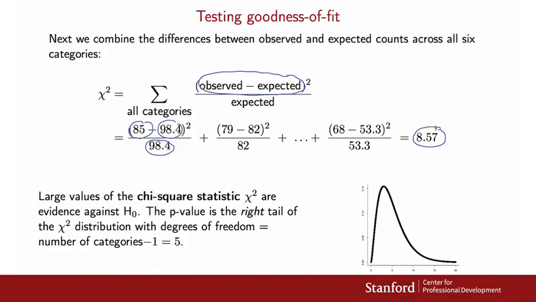On the right-hand side, you see the curve for the chi-square distribution with 5 degrees of freedom, and our value of the chi-square statistic is at 8.57. So the p-value is the area to the right of that, which turns out to be 12.7%. So the conclusion here is that there is not sufficient evidence to reject the null hypothesis.